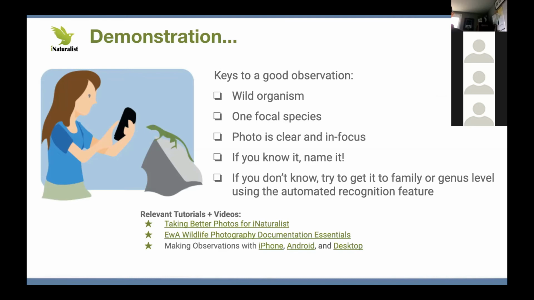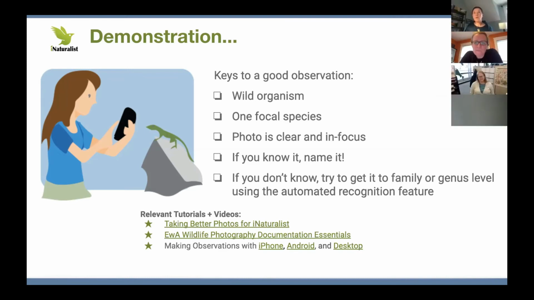The reason for the first bullet here is wild organism. If you take a picture of your plant in your living room, it's totally fine, right? But it's clearly a captive or cultivated species, in which case it's fine to record that. I do that as well, because sometimes I want to follow the phenology or the seasonal events on that plant, so it becomes my little pet project where I can check the different phases of the season on a specific plant.